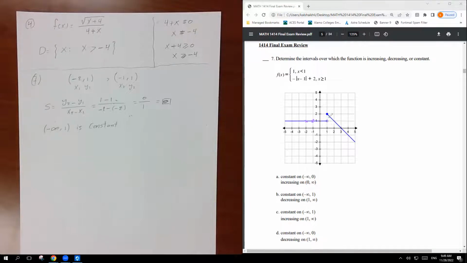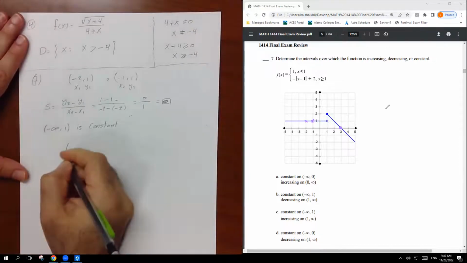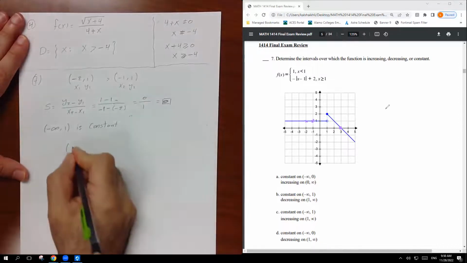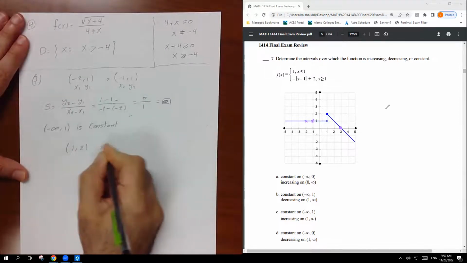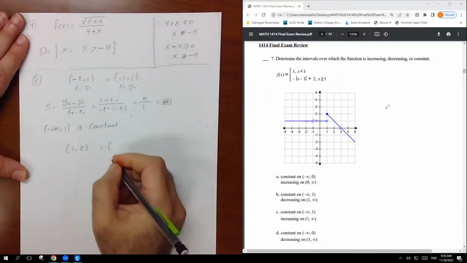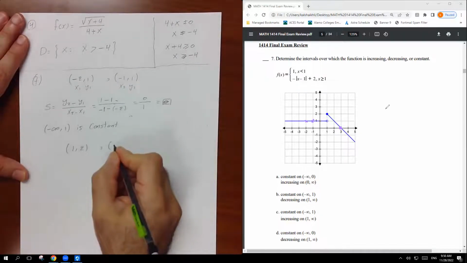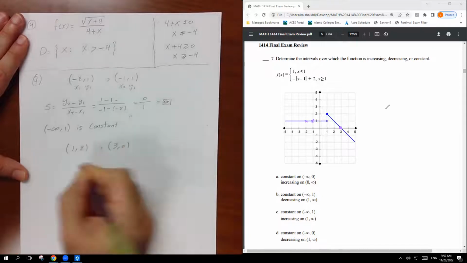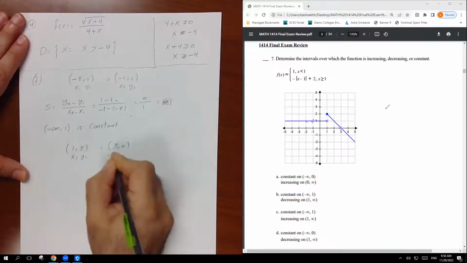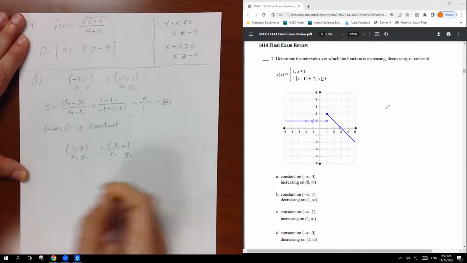But from 1 to where, is it going to be increasing? If you look at the graph, it's decreasing. But let's check that. We're going to choose 2 points. I'm going to choose the first one, x is 1 and y is 2. And the second one, sorry, x is 3 and y is 0. So here's x1, y1, x2, y2.